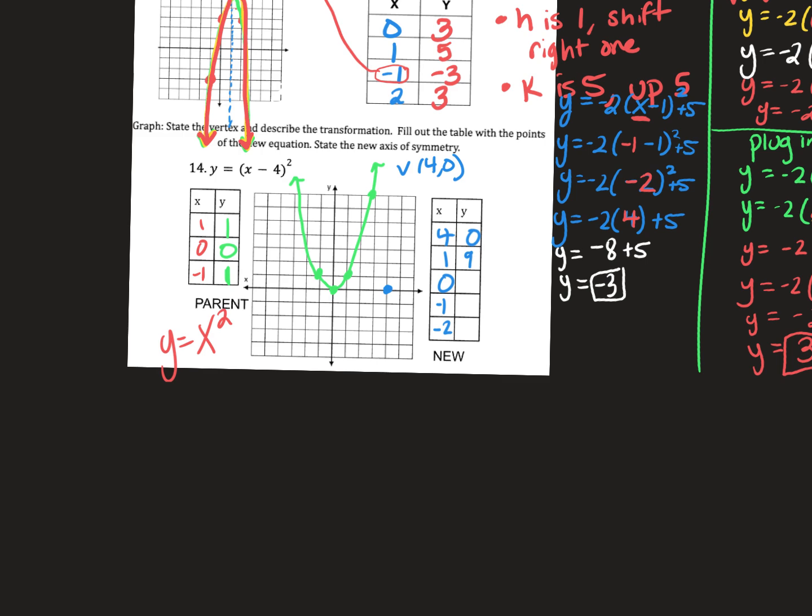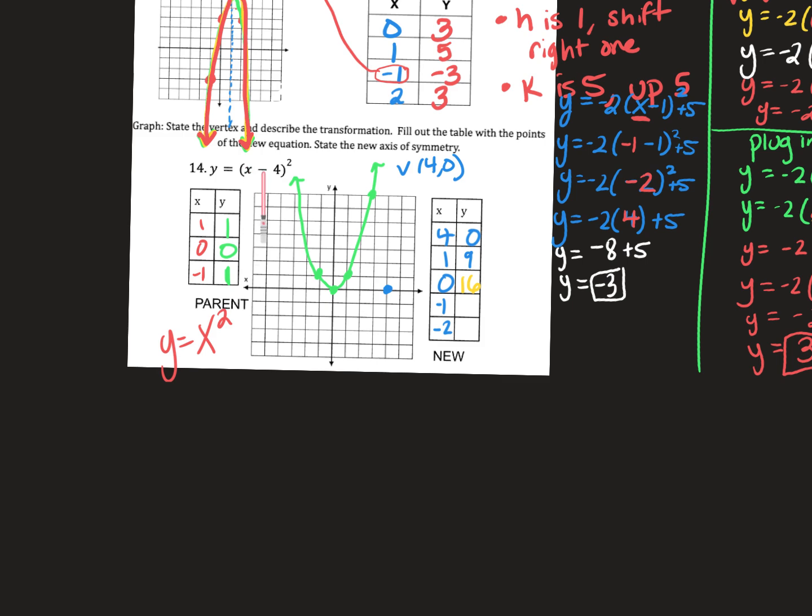All right, let's plug in 0. What is 0 minus 4? Negative 4 squared. What's negative 4 squared? 16. And then what's negative 1? I'm going to plug it in here.